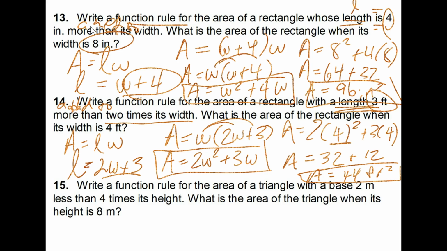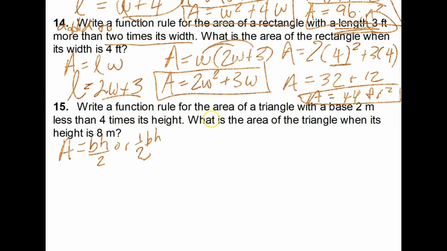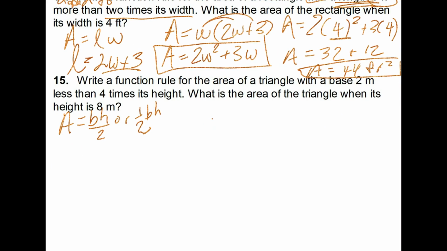Well, we know the area formula for a triangle is base times height divided by 2, or some people put 1/2 base times height. They both mean the same thing. I'm going to run out of room, so let's see if I got some room down here. And I do.